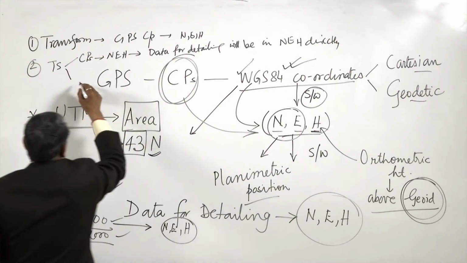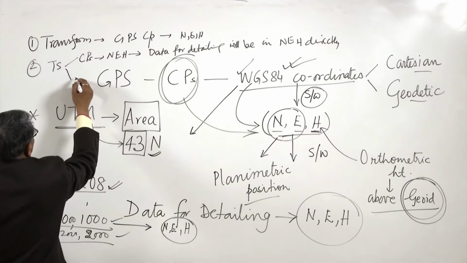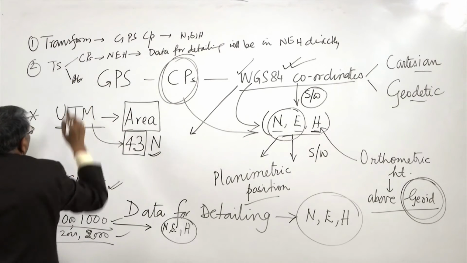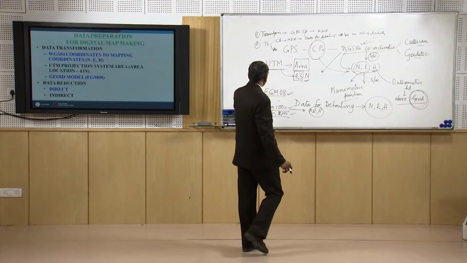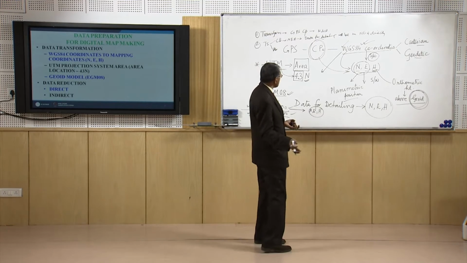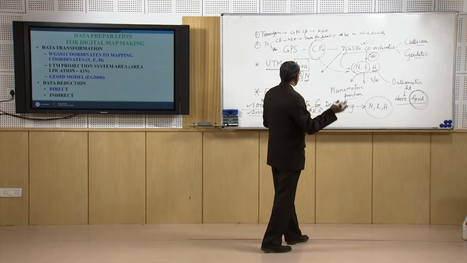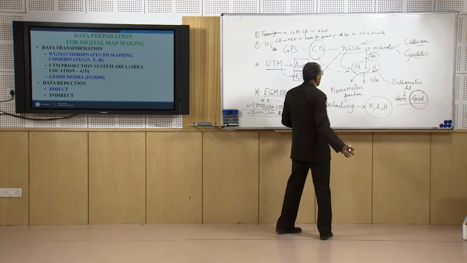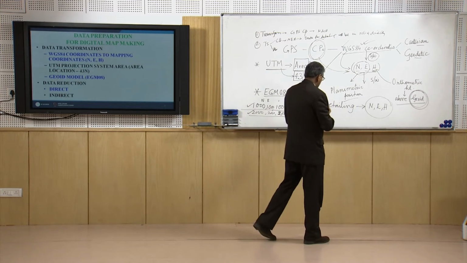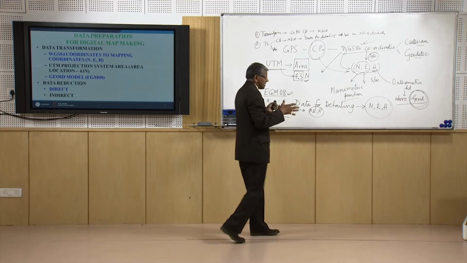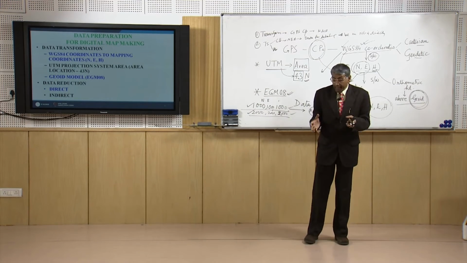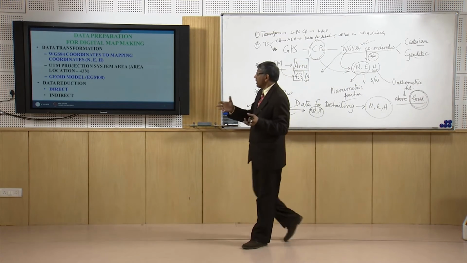Otherwise, we should go for arbitrary northeast height for the control points to start with. Coming back to the office, we have to convert those using the control point northeast height, and then we have to reduce the data.